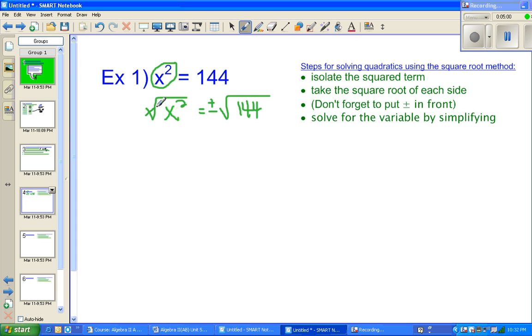I don't want to forget my plus or minus. The square root takes out the square. You're just left with x equals plus or minus. And the largest perfect square that can go into 144 is 12, and it actually goes in evenly. So there's two answers here for the solution to this equation, positive 12 and negative 12. 12 times 12 is 144.